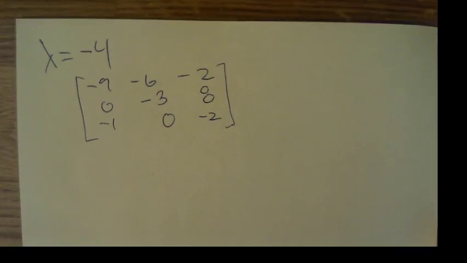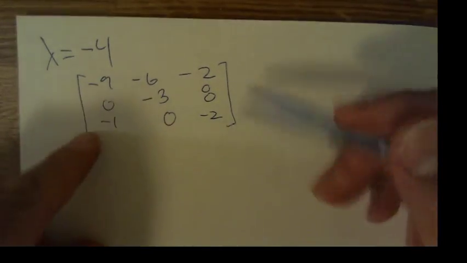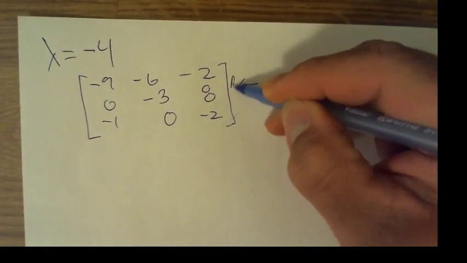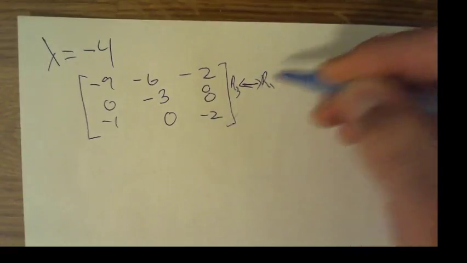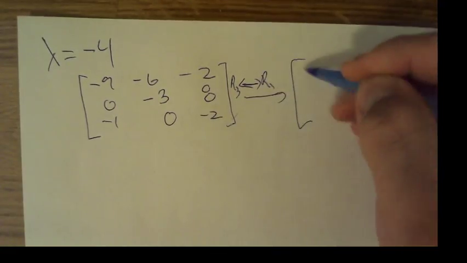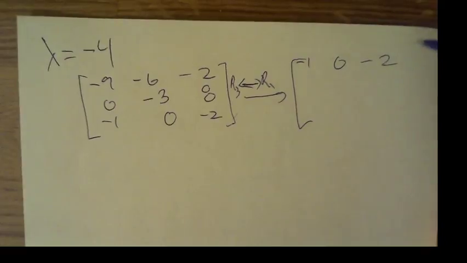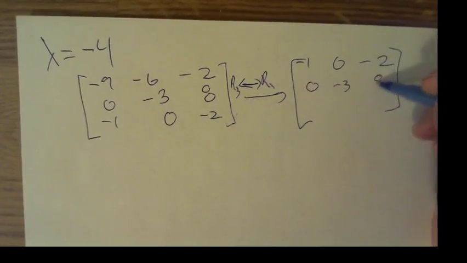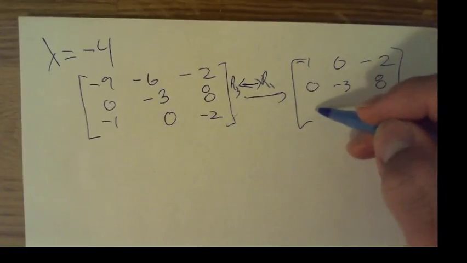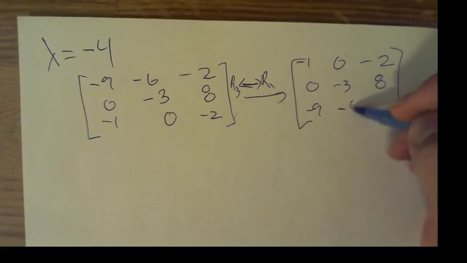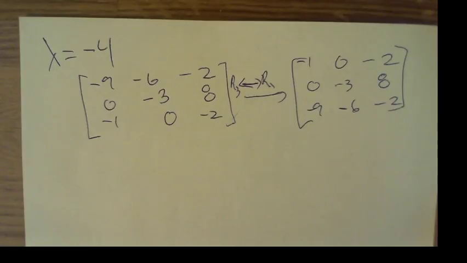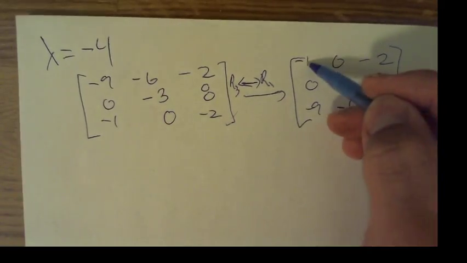Okay, and from here we'll do row operations. One thing here, I'm just going to flip R2 and R3, or R1, excuse me. All right, and now I'll use that as my pivot.